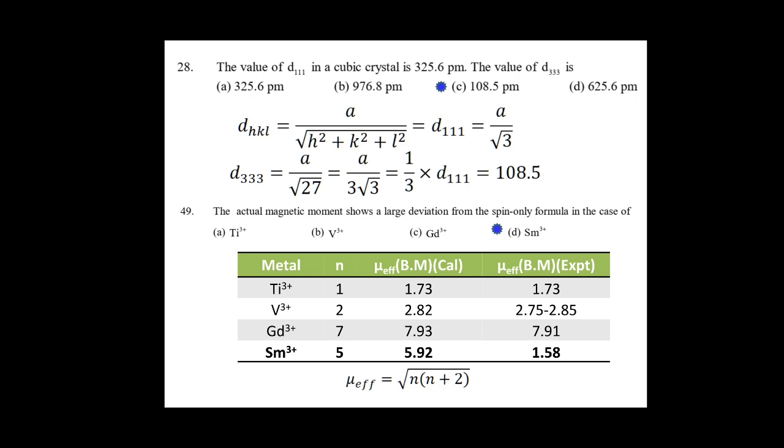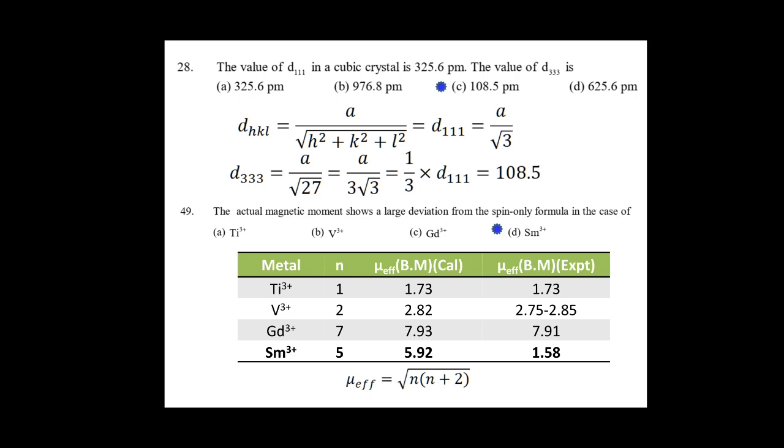This is exclusively for cubic crystal. For other crystal lattices, the formula will be different. For cubic crystal, you have this formula: D_HKL is equal to a by root over h square plus k square plus l square.